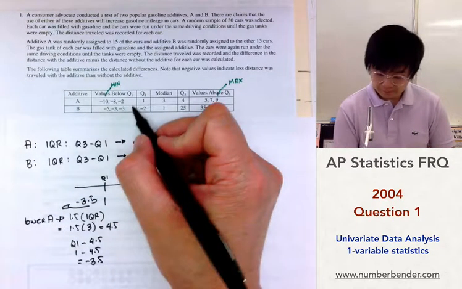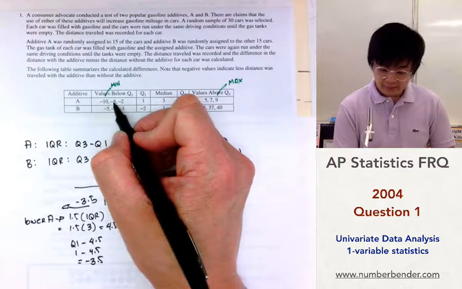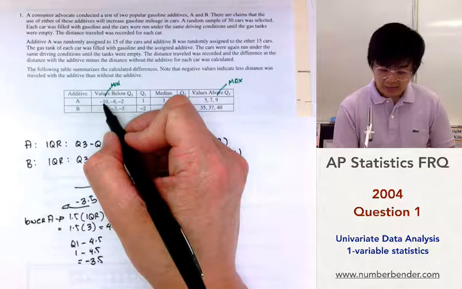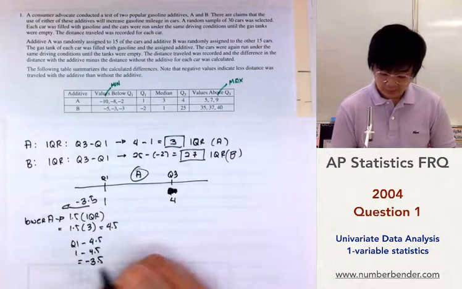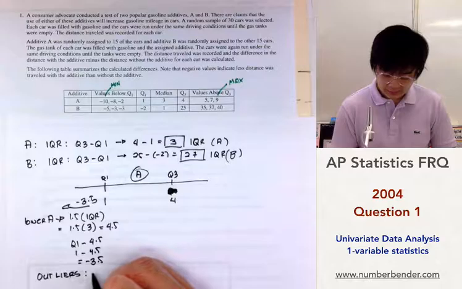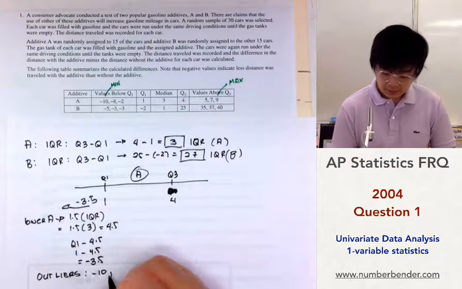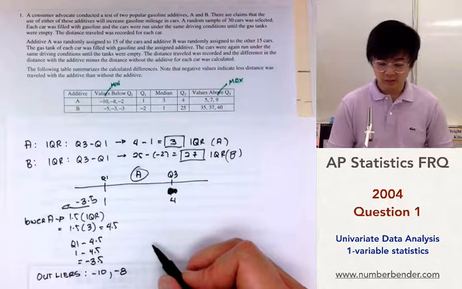In this case, negative 2 is in, but negative 8 and negative 10 are outside our 1.5 IQR rule. So for the lower limit, the outliers will be negative 10 and negative 8 because they are outside our range of values for the lower limit.